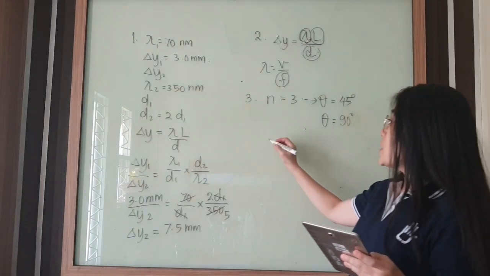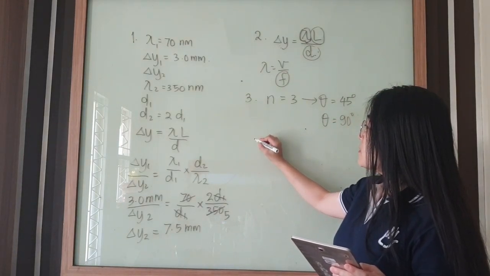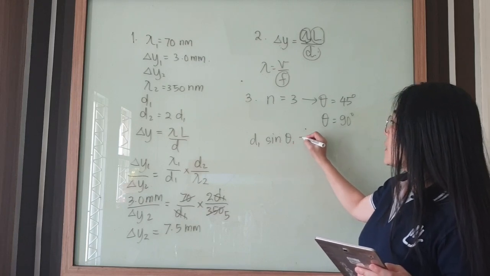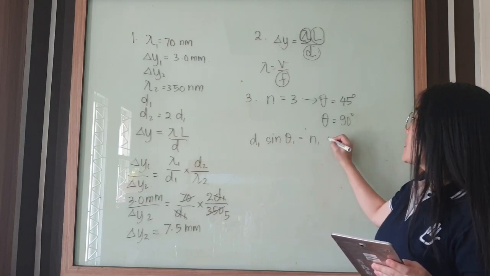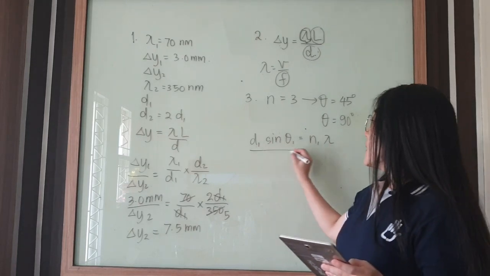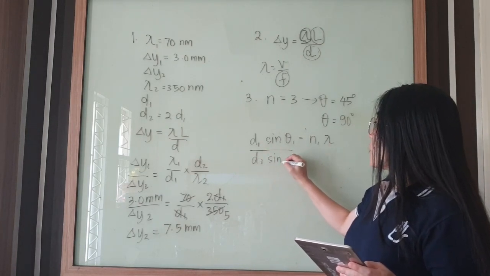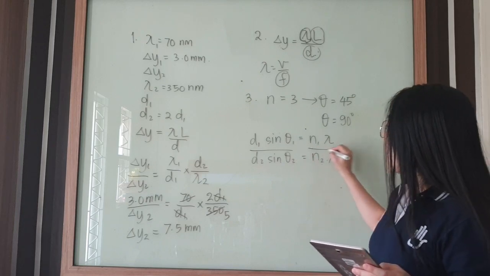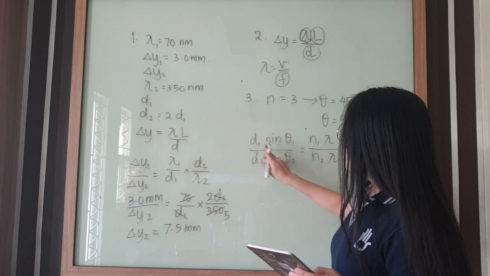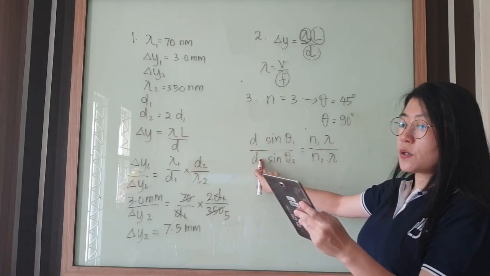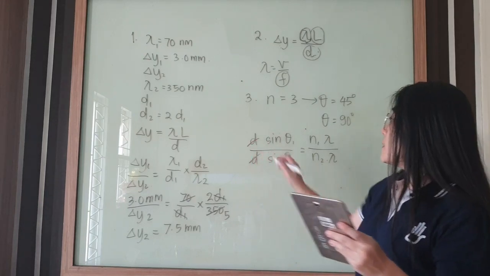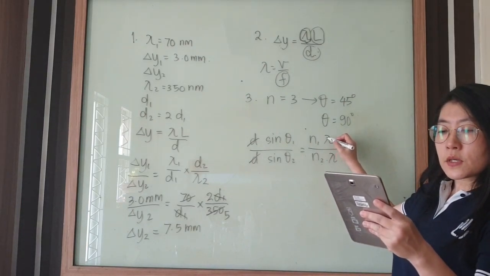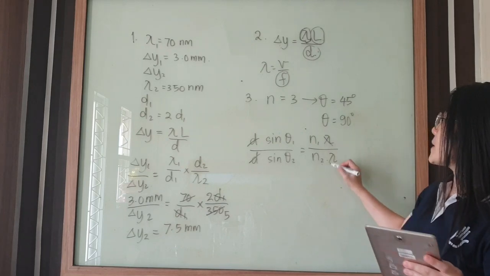So in this case, we are making a comparison between d1 times the sine of theta 1 equals n1 lambda, and d2 sine of theta 2 equals n2 lambda. We will make a comparison, and d is the same because we are using the same grating. We can cross them out. And lambda is also the same because we are using the same monochromatic light.